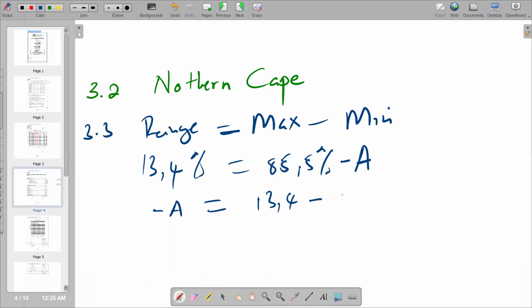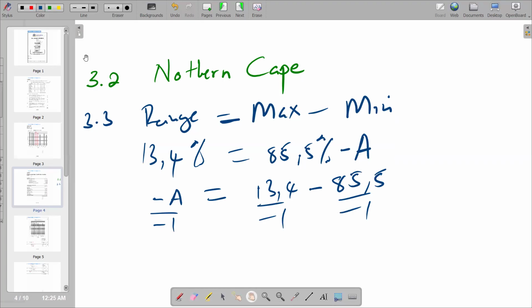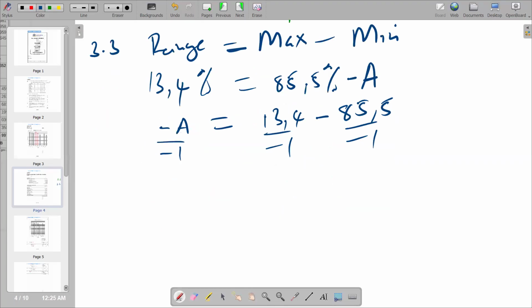A is equals to 13.4 minus 85.5. And obviously, we have a negative there, and we divide by a negative throughout, so that we remain with the positive where we have our A. So it's going to be A is equals to our 13.4 positive becomes a negative, and this one becomes a positive.